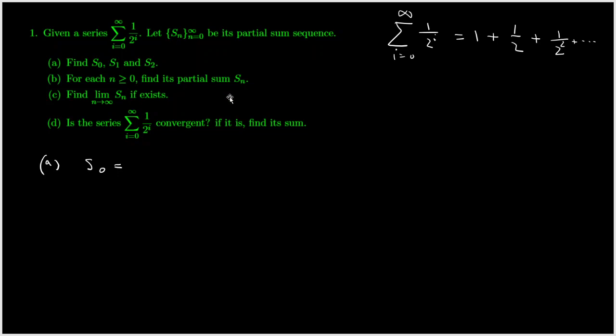I'm going to call 1 term 0, and I'm going to call 1/2 term 1. So the first term is term 0. I hope it's not too confusing. The first term is determined by the first n value of 0. So S0 is the same thing as the first term, which is 1.